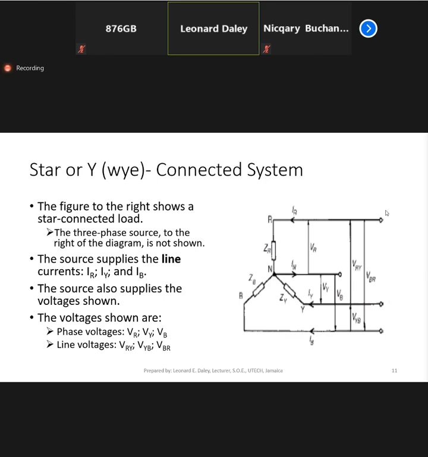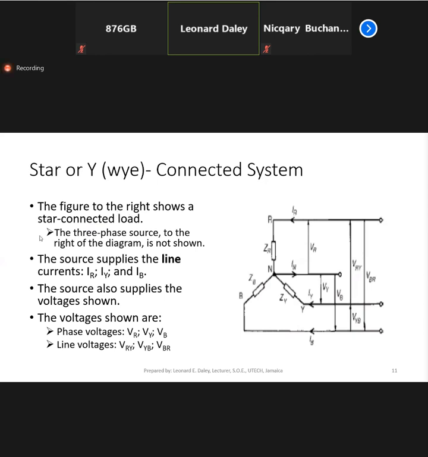But just use your imagination and picture that there is a three-phase source here. And since there's a neutral, it's most likely a star-connected source also.